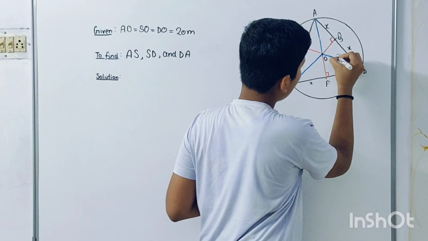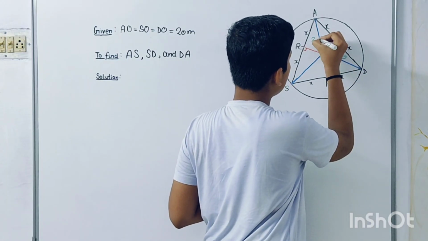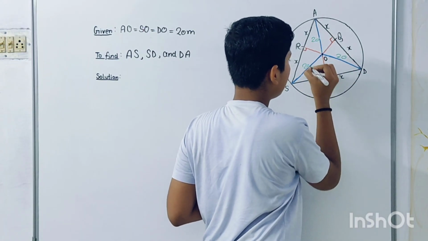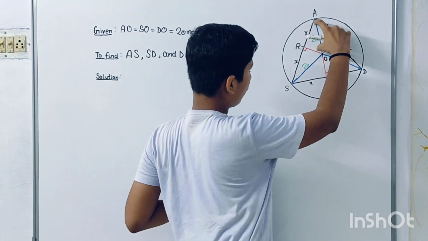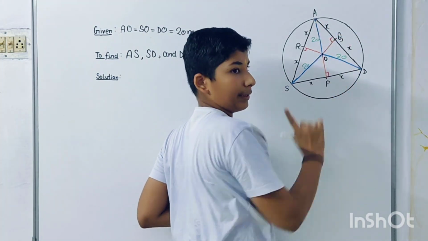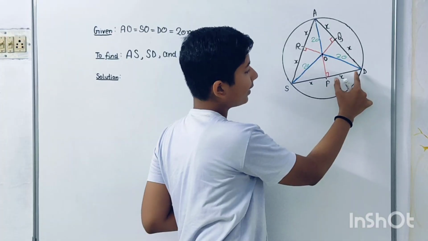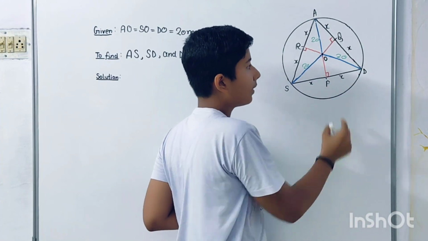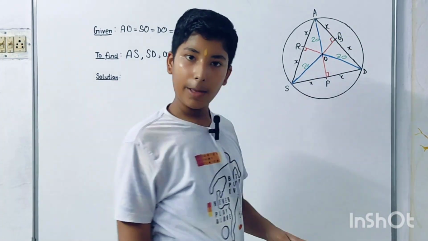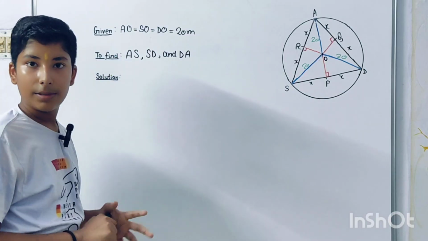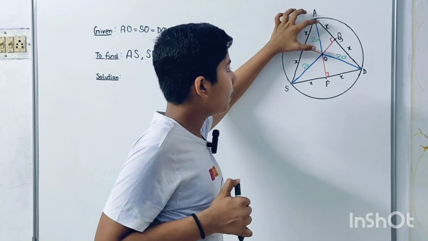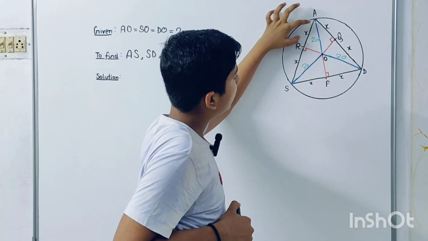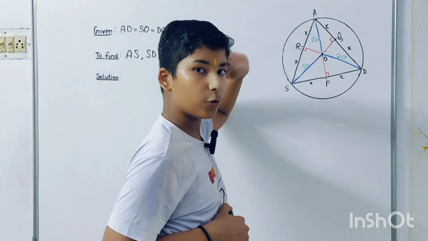Let me write 20, 20, and 20. Now if we find the length of this thing, we'll get the whole length of this line. This is perpendicular, this is X, which is base. So we'll get the length of hypotenuse. Same thing we have to apply. First of all, if we take this as hypotenuse, this is base, so we can find out perpendicular.